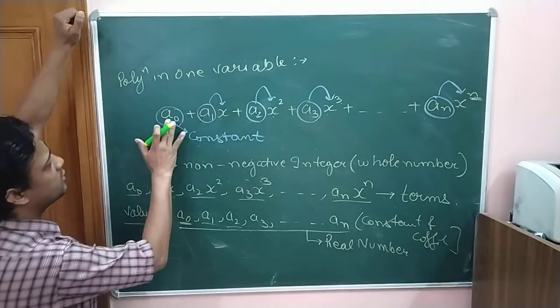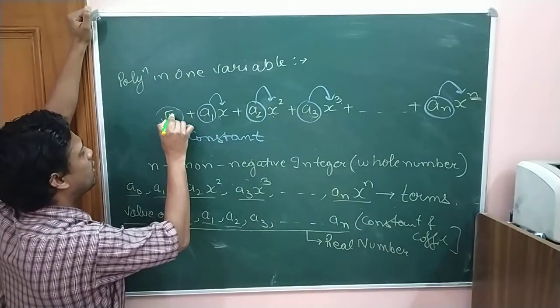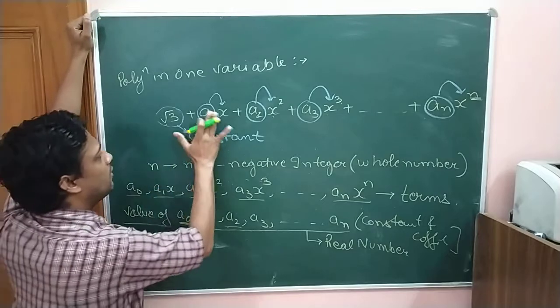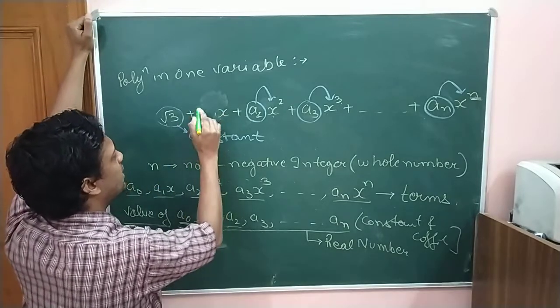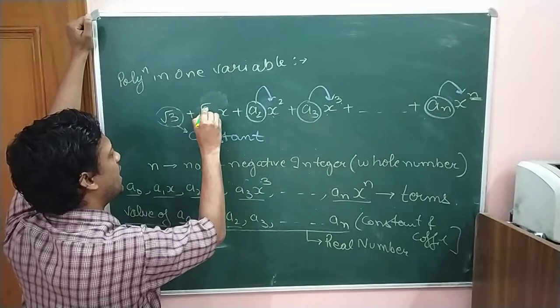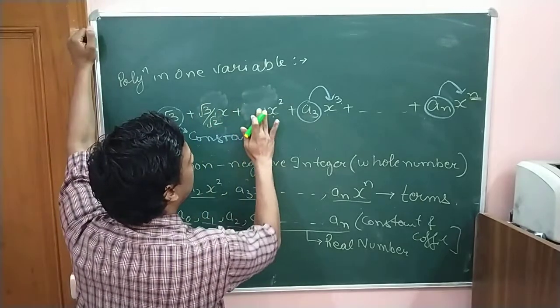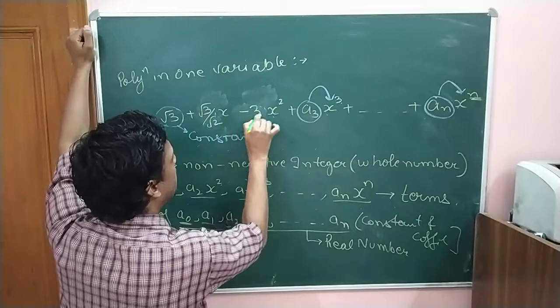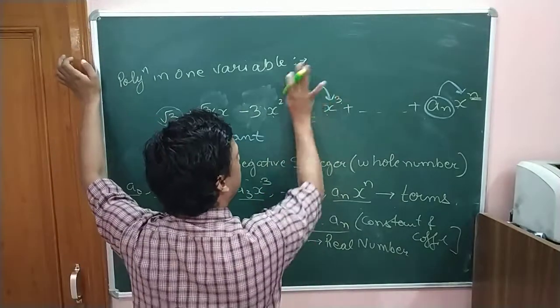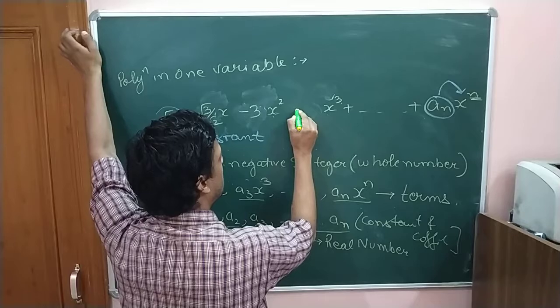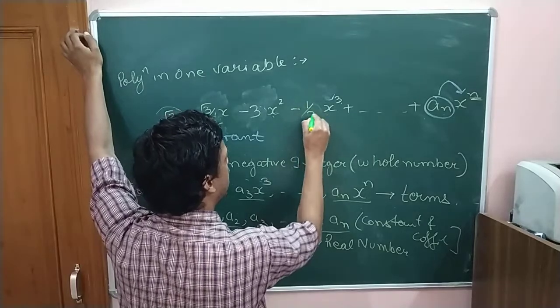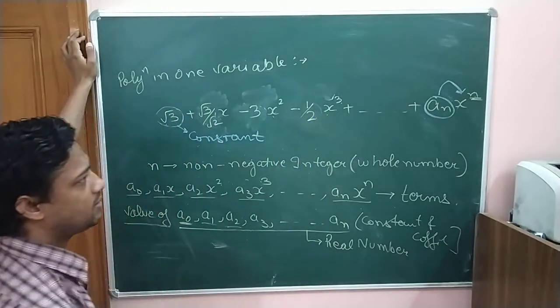It means as a constant there can be a value root 3. At the place of a1 there can be a value root 3 upon root 2. Instead of a2 there can be a value minus 3. Instead of a3 there can be a value minus 1 upon 2, like this.